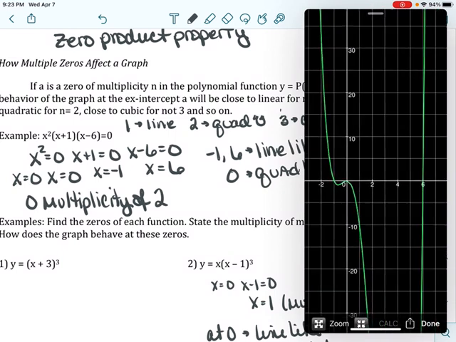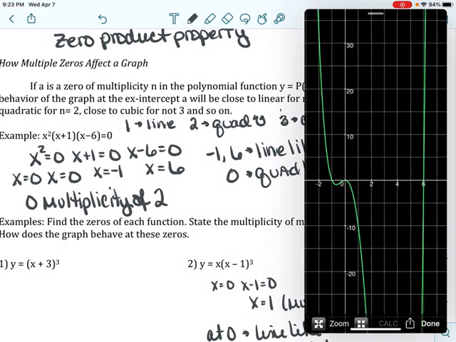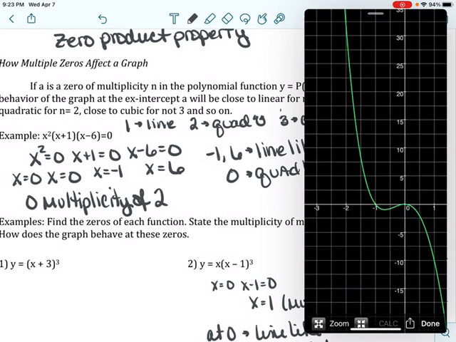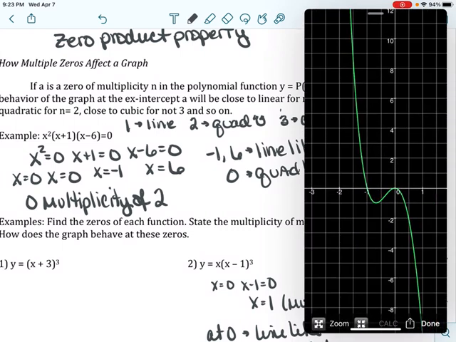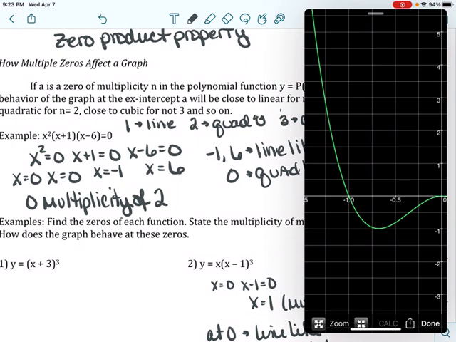All right, so at 6, do we see how it goes straight through the x-axis? It's almost like a line. At -1, we can see, zoom in a little bit, it goes through the x-axis.